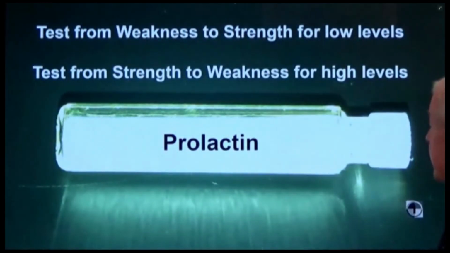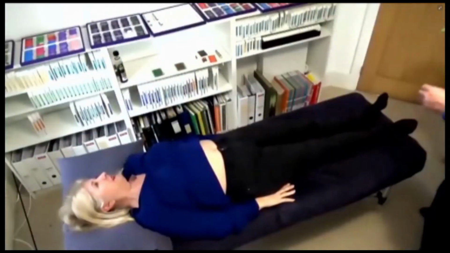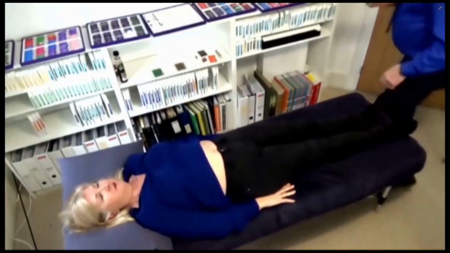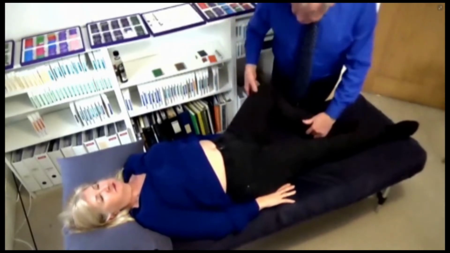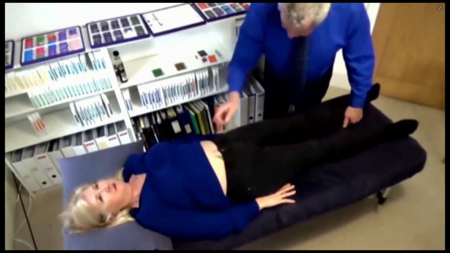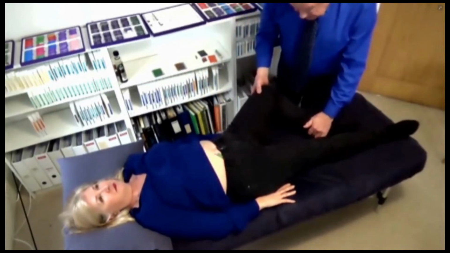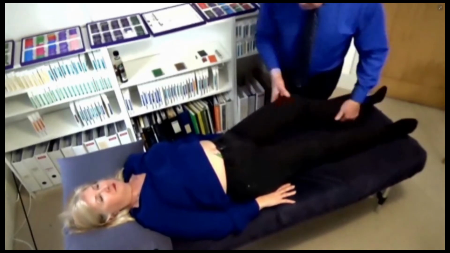Here we test prolactin from weakness and also from strength. Let's challenge now for low levels of prolactin. We take a weak muscle, which we use as an indicator, and place it on the prolactin, and we now bring the heel up to the bottom, and we go strong, which indicates that Jill is low in prolactin.